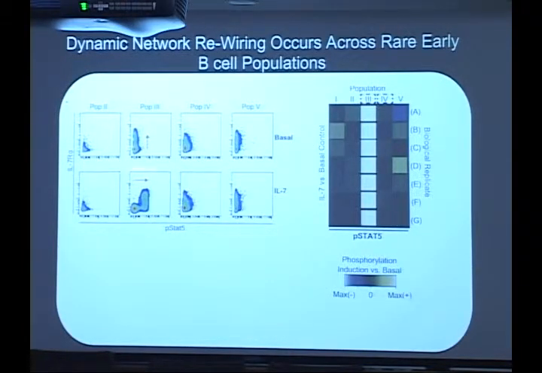And if we stimulated them with IL-7, by the time they got to population 3, where they really start to turn that on, you can see a STAT5 response when you stimulate them with IL-7. And if we look at this across different biological replicates, so different healthy bone marrows, and this is all normalized to the basal control, there is the highest induction of STAT5 in this population 3 when they're exposed to IL-7.